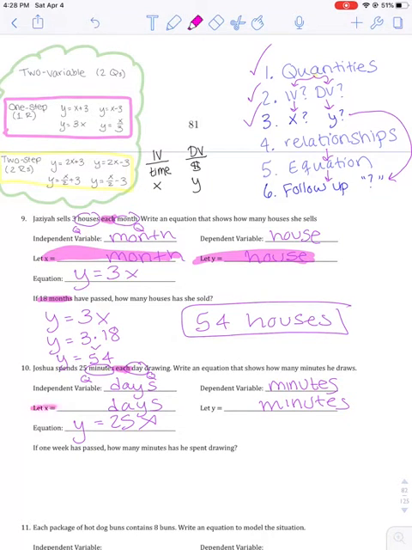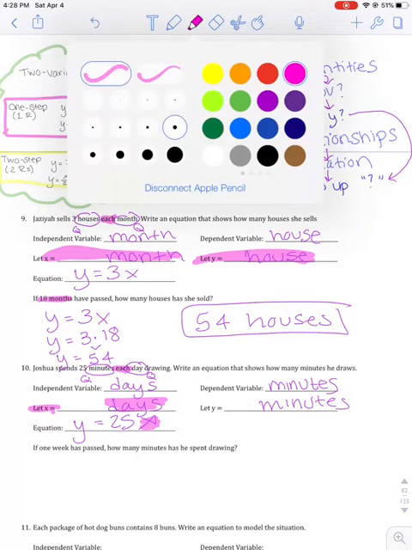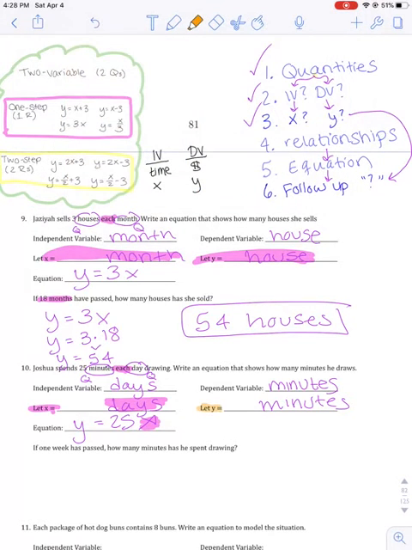A little smudge there. So this makes sense because if X is days, and here's my X, I have to multiply the number of days by 25 in order to get Y, which is how many minutes he has spent drawing. That makes sense. That's my relationships in my equation.